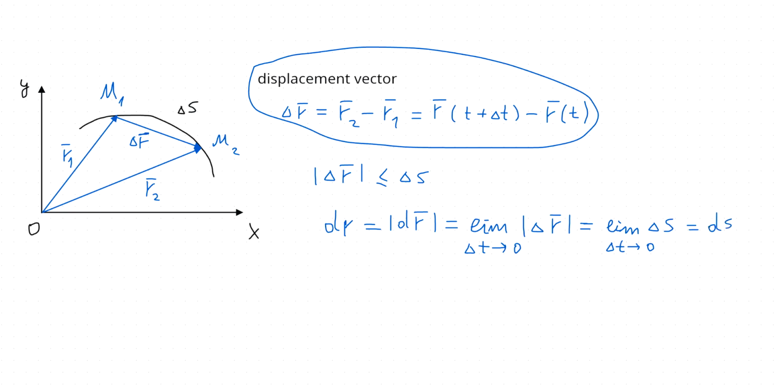And what is necessary to say? It is necessary to say that we have to consider ds and dr as single symbols. ds is one symbol, and dr is also one symbol. So it doesn't mean some d multiplied by r. It is one symbol, something like one variable in programming, dr, ds.